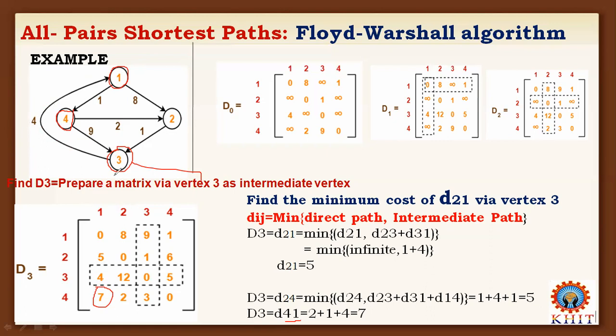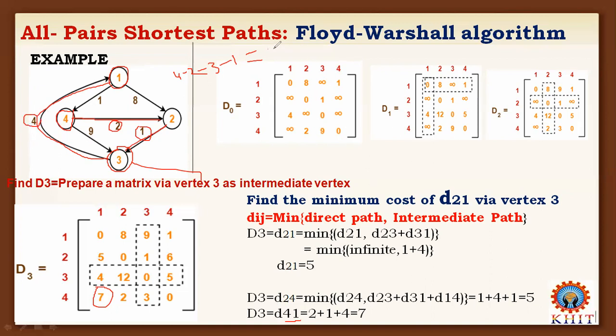If you move from 4 to 2, then 2 to 3, then 3 to 1, what is the cost? 2, 1, 4.